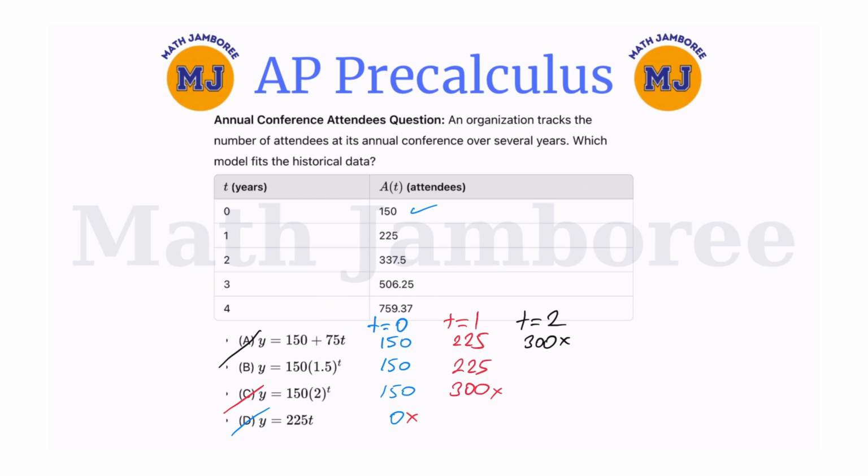Because of that, you can say the answer is actually B. But if you substitute it in here, this is 150 times 1.5 to the power of 2, which gives you 2.25. When you multiply this, you'll end up at 337.5, which is exactly what we're looking for at the value of 2. So the correct choice is choice B for this specific question.